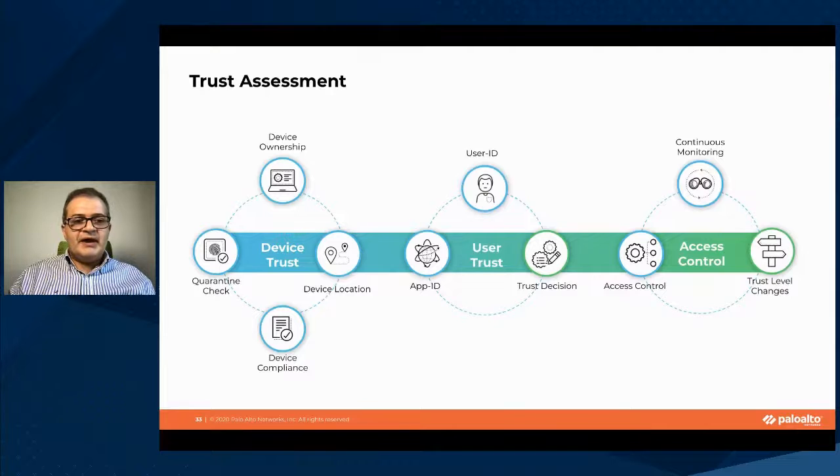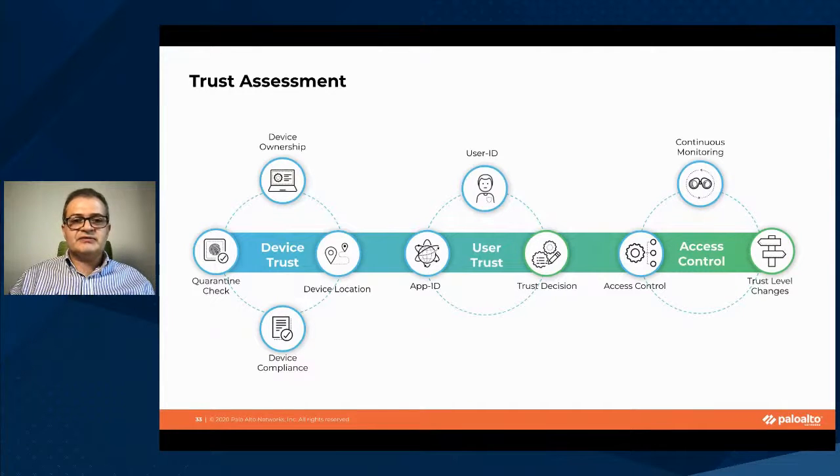We need to look at if this device is infected, then we need to quarantine it. We need to make sure that this device is compliant with the policies of the enterprise. When the user is trying to access anything on the network, we need to understand what kind of application he's using. What is his user ID, the identity that we referred to in the first part of Zero Trust.